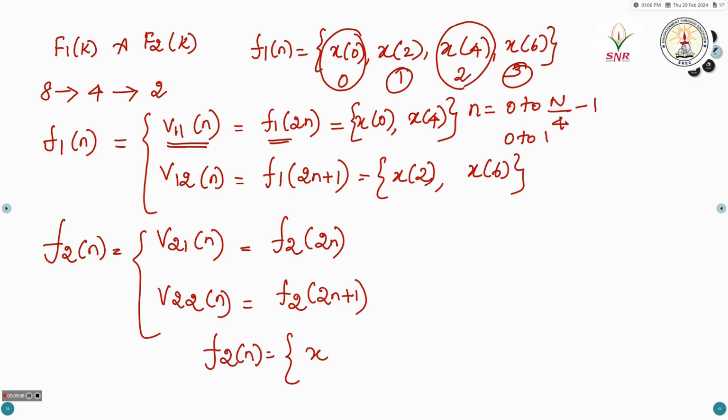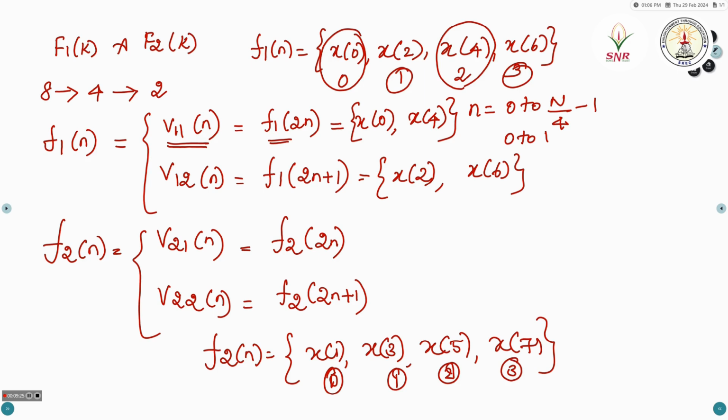We know that f2 of n is equal to x of 1, x of 3, x of 5 and x of 7. This has been derived in the previous work. So here it represents 0 position, 1 position, 2 position and 3rd position. Here also n varies from 0 to n by 2 minus 1 and here n varies from 0 to n by 4 minus 1.